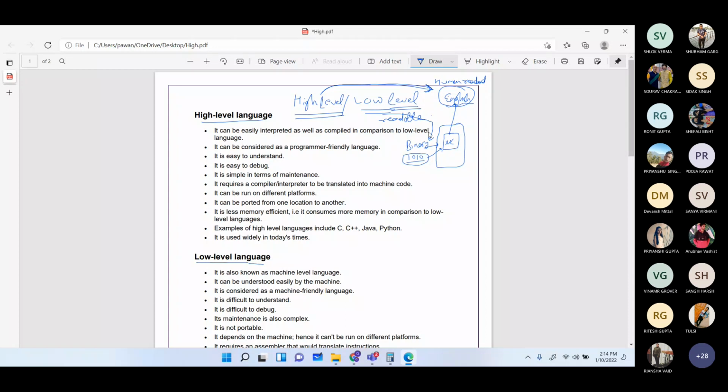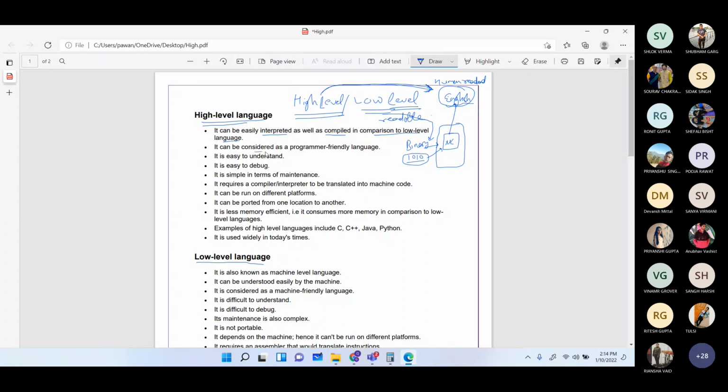Now sometimes we have a myth that only a few languages are low level and a few languages are high level. No, there are a lot of languages categorized as low level and high level. The high level language can be easily interpreted as well as compiled in comparison to low level because of its human readable nature.